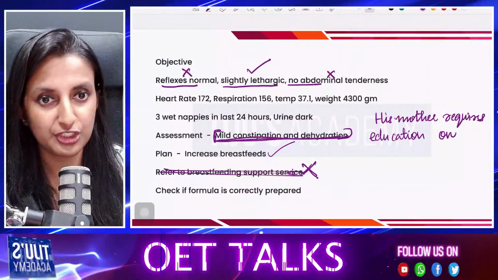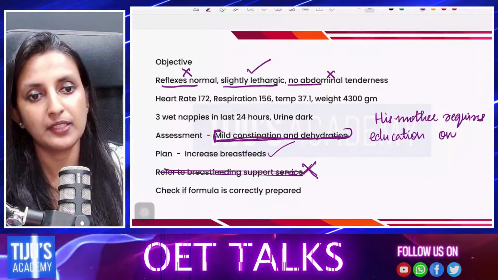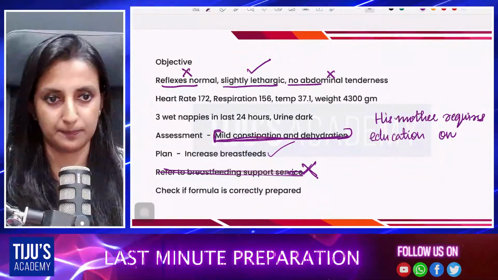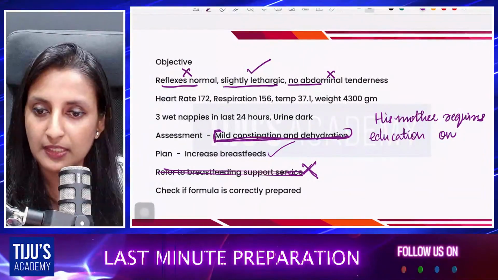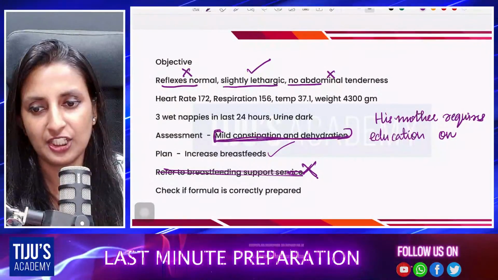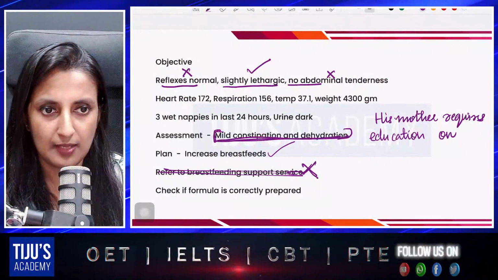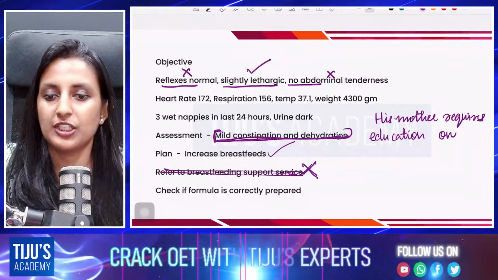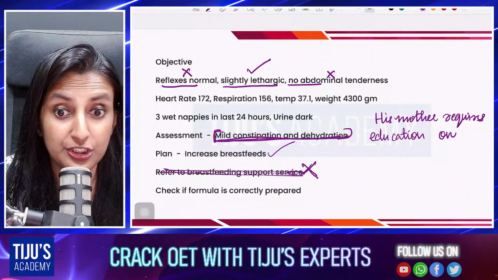Here the lactation consultant is supposed to educate the mother regarding breastfeeding pattern and formula feed preparation. His mother, Mrs. Twinkle Freddy, requires lactation advice and support. Education on, that is fine. Education and support regarding formula feed preparation.